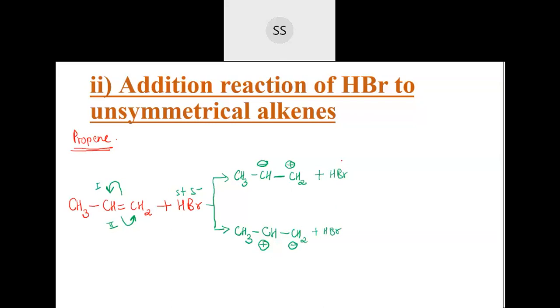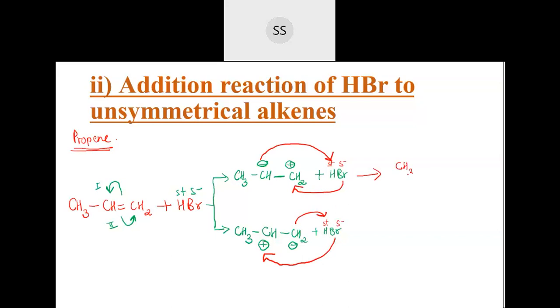This is minus and this is positive; here it is positive and this is minus. This negative carbon will take the hydrogen, H plus, and this Br minus will go towards this carbon. And here this Br minus will go towards this carbon, and then this minus carbon will take hydrogen.